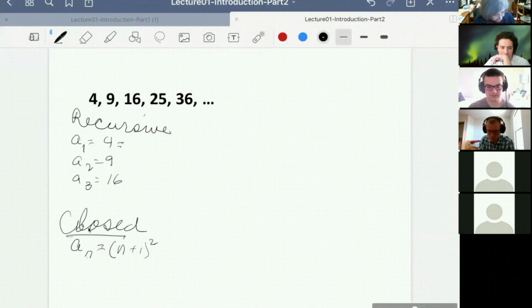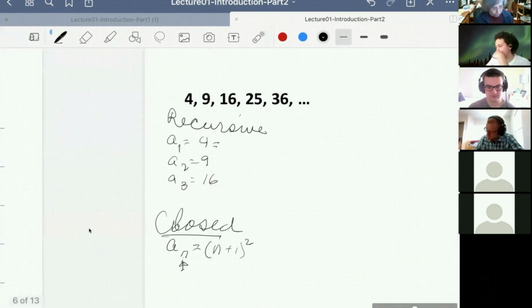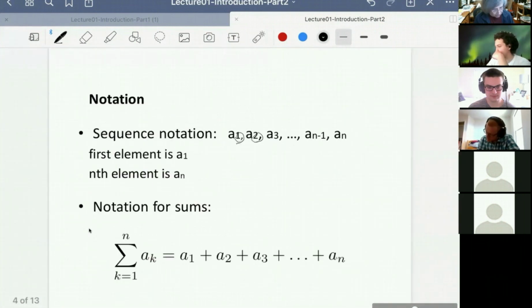Now, why do we write an n here? Why don't we use a k or a q or anything? And the answer is, well, you can. Frequently, when you're writing sequences or summations, you usually use n or m to denote the end, and i, j or k to denote the counter.